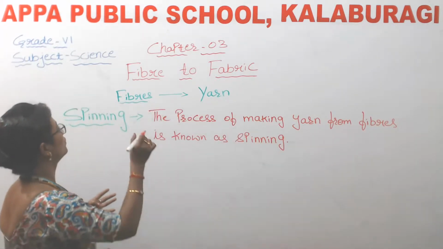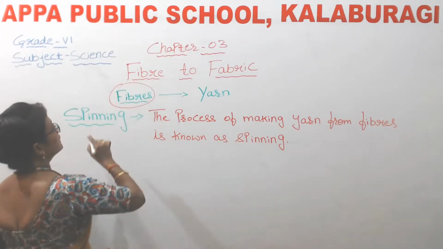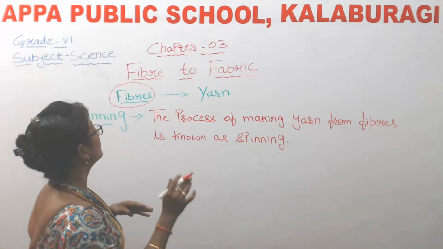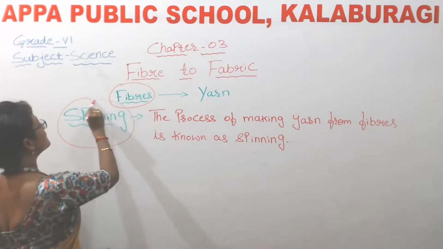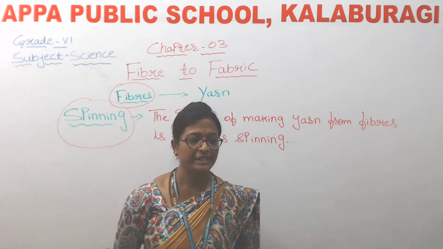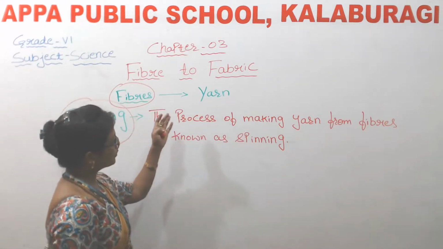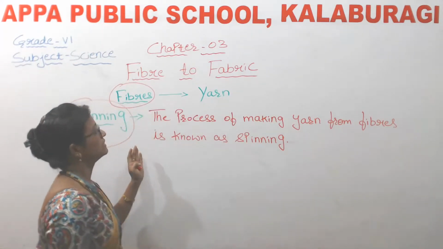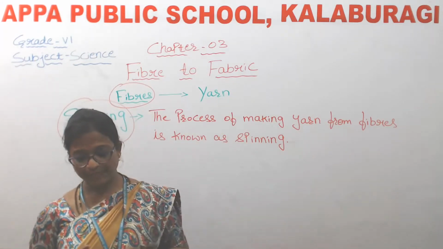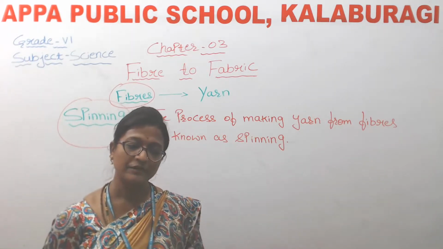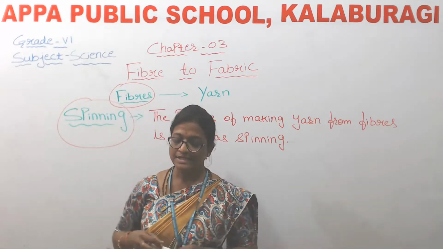We know several thin strands of fibers are twisted together to make yarn, but what process actually takes place there? The process is spinning. So spinning means the process of making yarn from fibers is known as spinning.